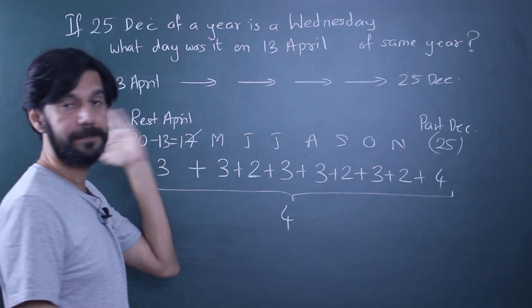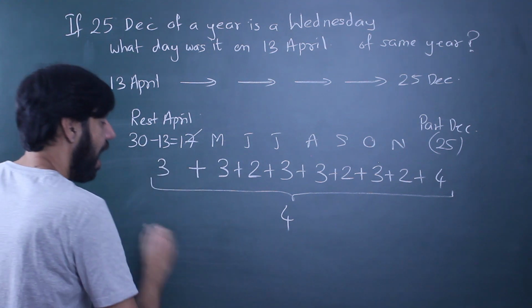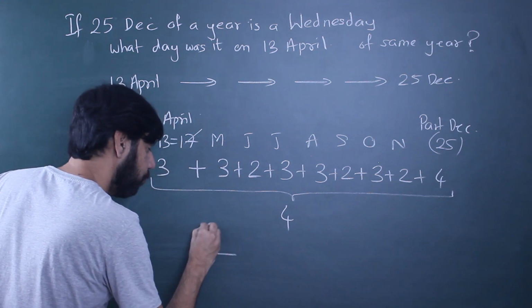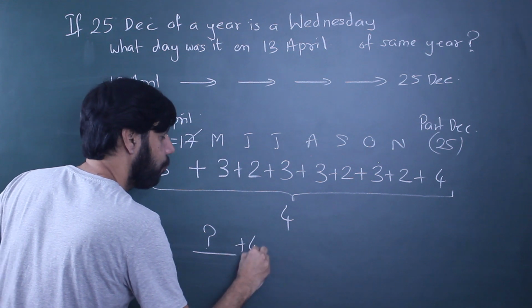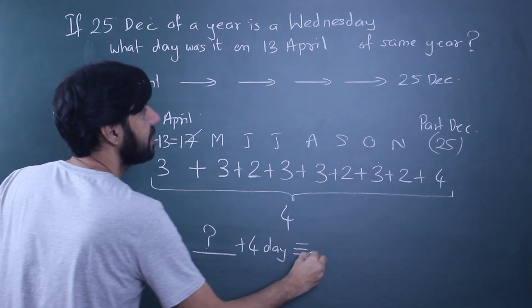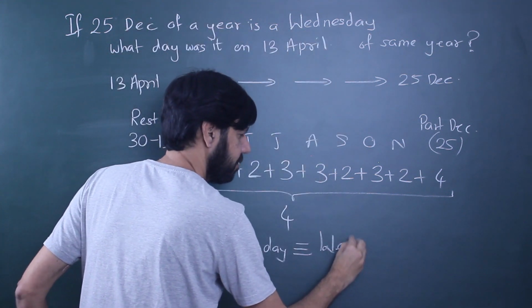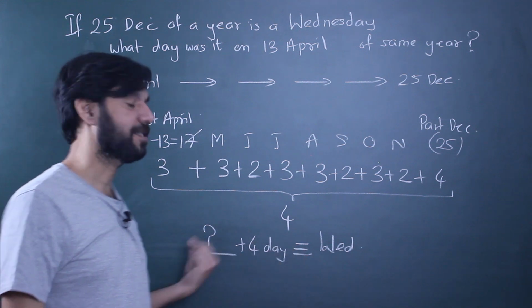And how do you handle the backward part? Here comes the final touch. A day that I do not know, plus 4 days, is given to me as Wednesday.